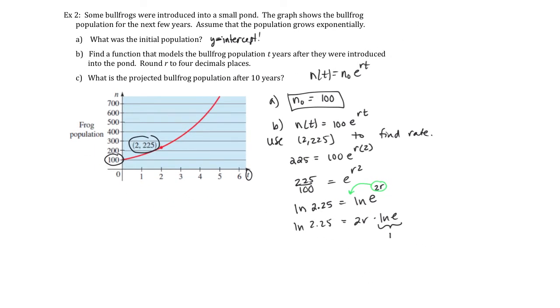So then we get that 2r is equal to ln of 2.25, divided by 2. So r is approximately 0.405.